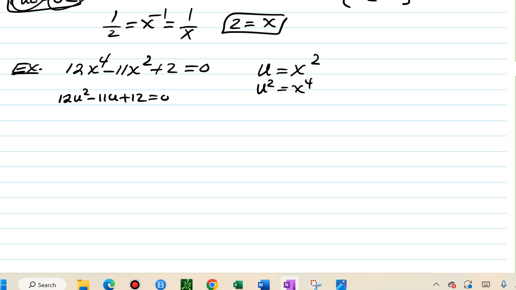And now we can factor this one out. I'm going to go 3 and 4. Now, middle term negative, product positive, so that means the two numbers are negative. I'm going to go -2, -1, and well, let's see, the product's got to be 2, right?